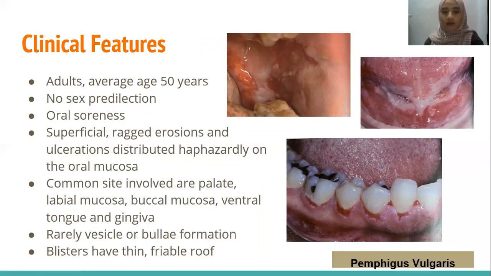The common sites involved are palate, labial mucosa, buccal mucosa, ventral tongue, and gingiva. Patients will rarely report vesicle or bullae formation. It may be because the blisters have a thin and friable roof.